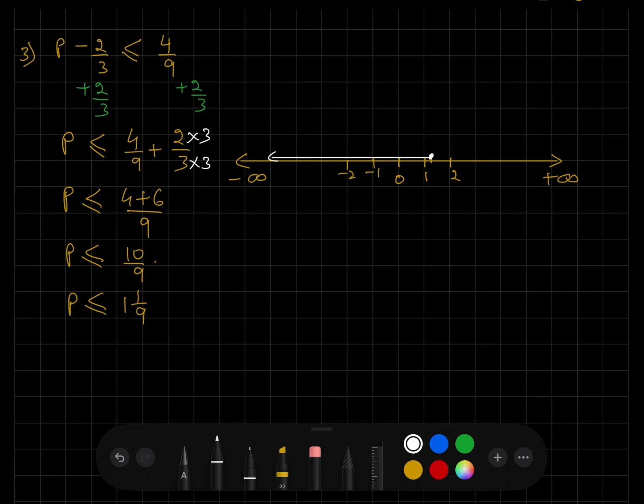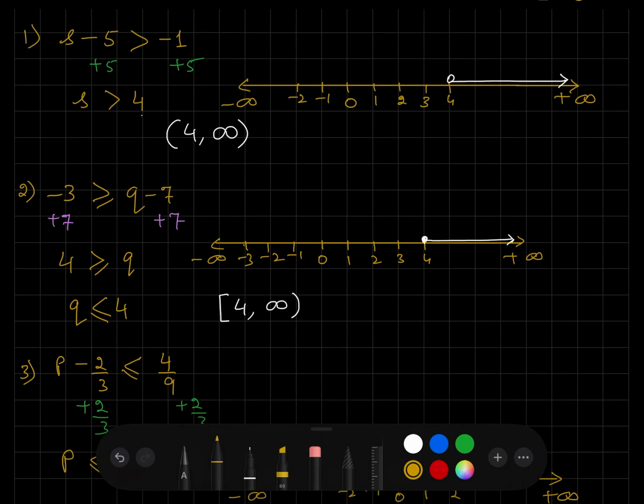It is less than this, so negative infinity here and equal to 1/9 here. So this way we will show. Okay, hope you understood. Now let us take the fourth example.